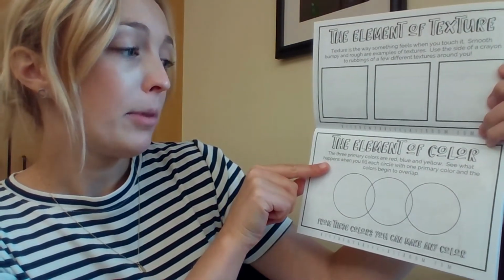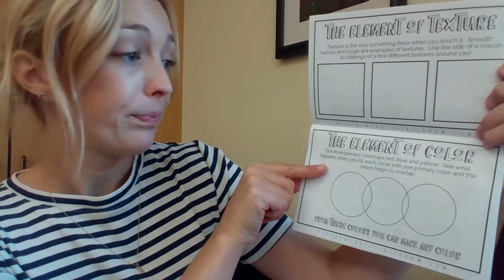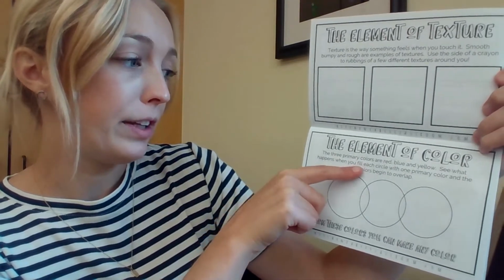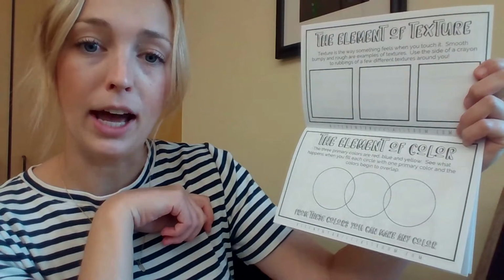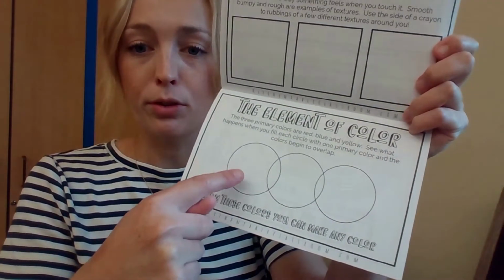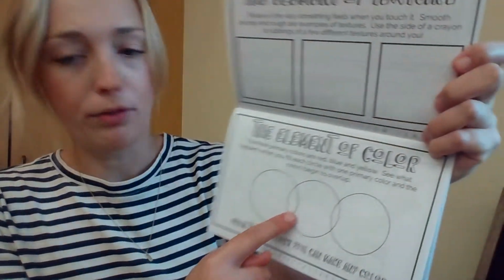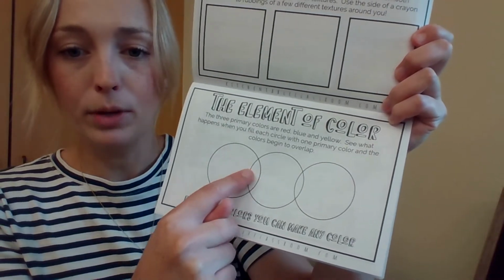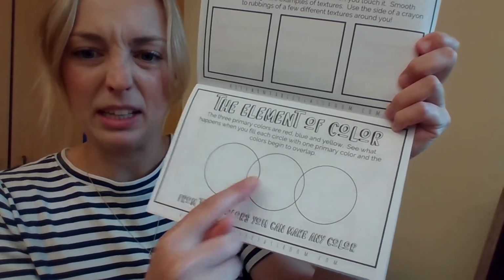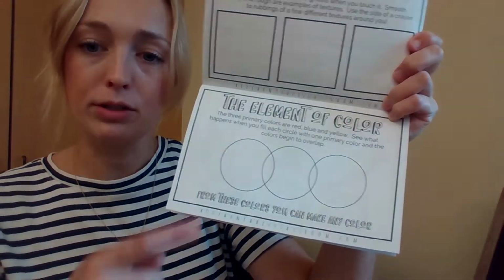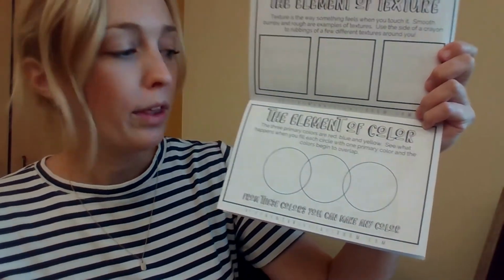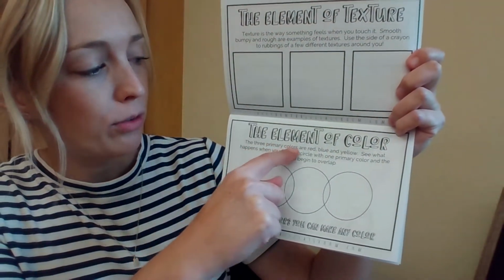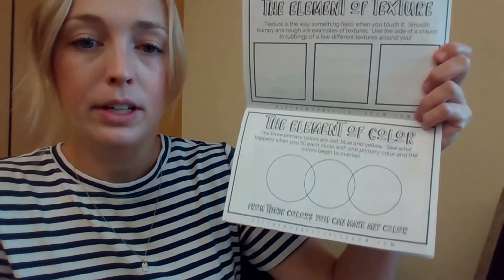So the 3 primary colors are red, blue, and yellow. See what happens when you fill each circle with one primary color and the colors begin to overlap. So you see here there's 3 circles, and they do overlap, meaning they kind of go into each other's space a little bit. They touch each other. So what you are asked to do here is draw color in these 3 circles with the primary colors, and they've told you what those are right here, red, blue, and yellow.